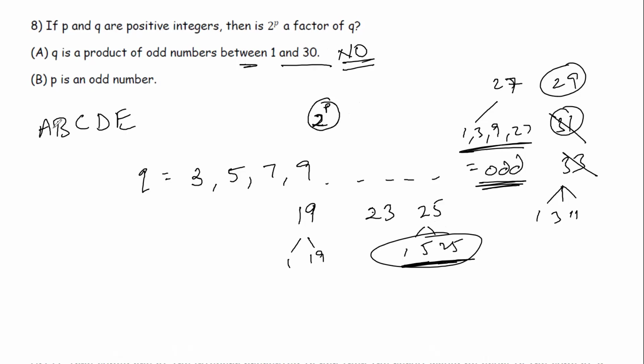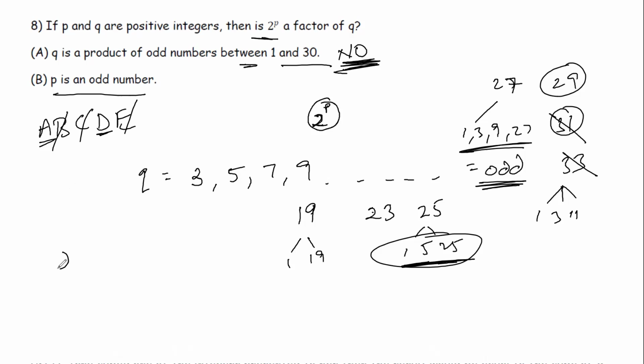So does A answer the question? The question is whether 2 to the power P is a factor of Q. It's a definite no. So when it's a definite no, B, C, and E are out. It's either D or A because A answers. Now we look at the second statement. P is an odd number, right? P is an odd number doesn't tell us anything.